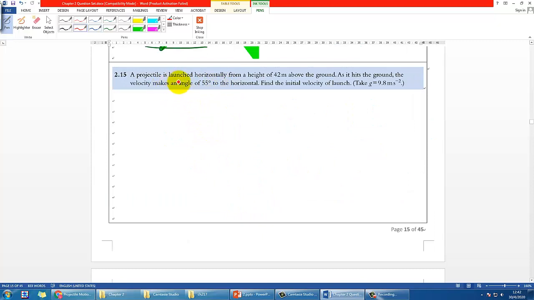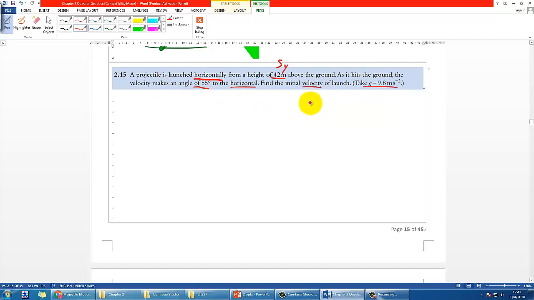Okay, last one. We have launching horizontally again. And now the height is known, so SY is this one. It hits the ground with a velocity that makes an angle, so kind of reverse engineering, I guess, to the horizontal. Find the initial speed, the initial velocity of the launch. So 9.8.